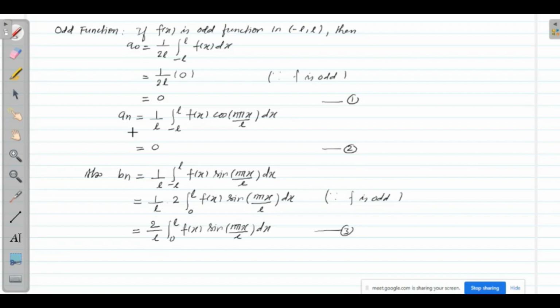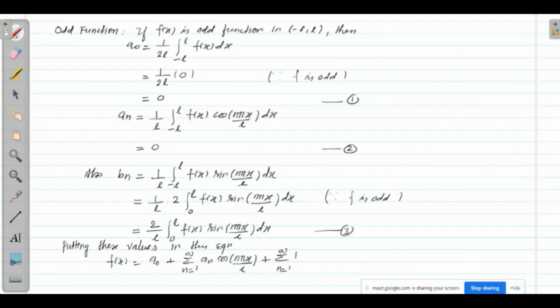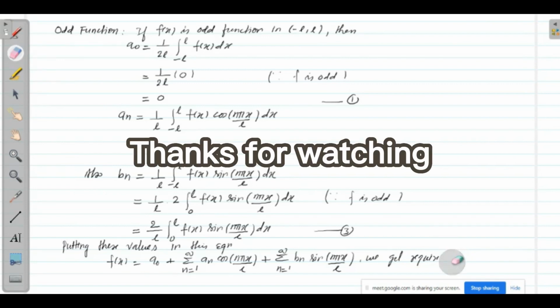Now putting these values a naught, an and bn in equation number star, in this equation: f of x equal to a naught plus sum running from n equal to 1 to infinity an cos n pi x by L, and plus sum running from n equal to 1 to infinity bn sin n pi x by L. In this, we get the required Fourier series.